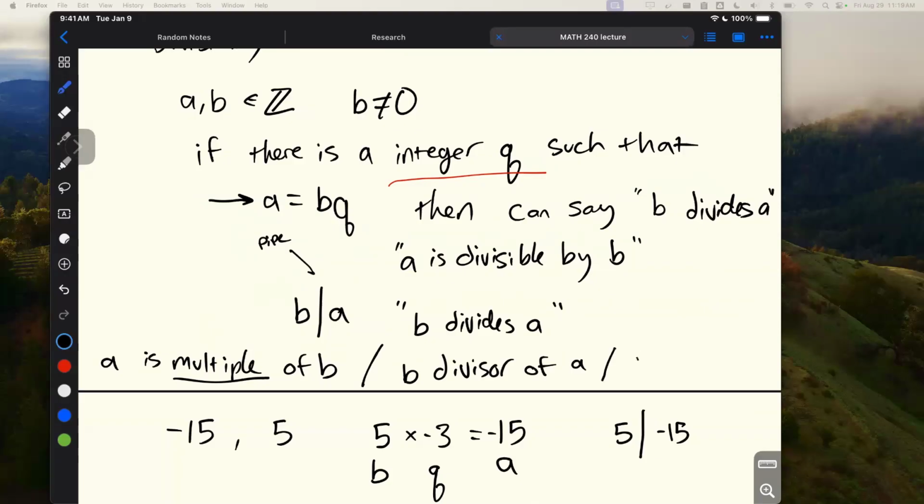And then Q is the quotient. So that's for like if we divide 5 into -15, the quotient is -3. So these are also terms that you learned when doing division in grade school. But these are also the terms that we'll use now.